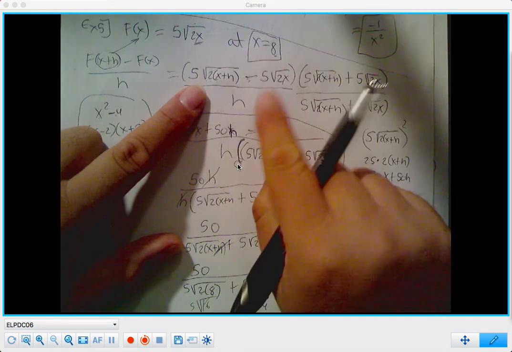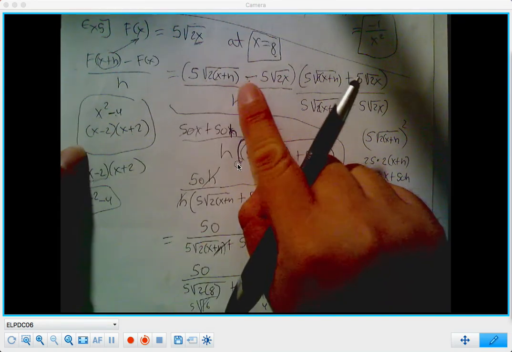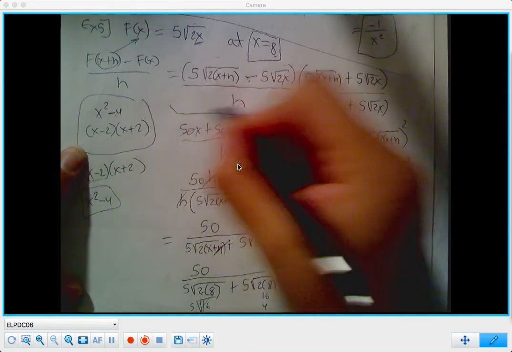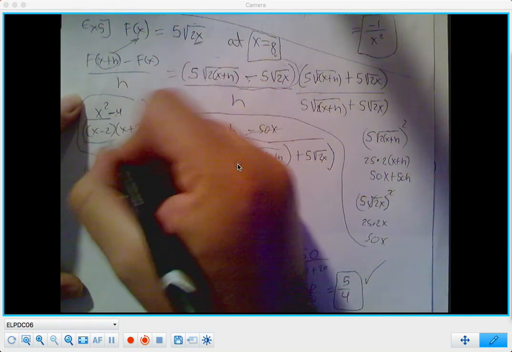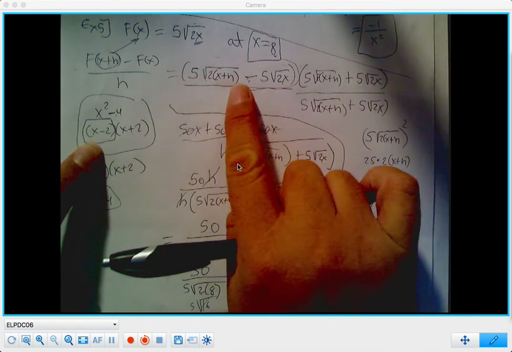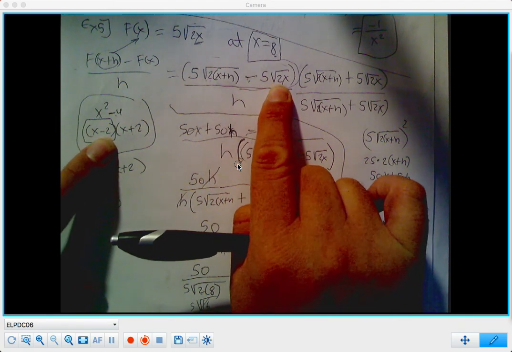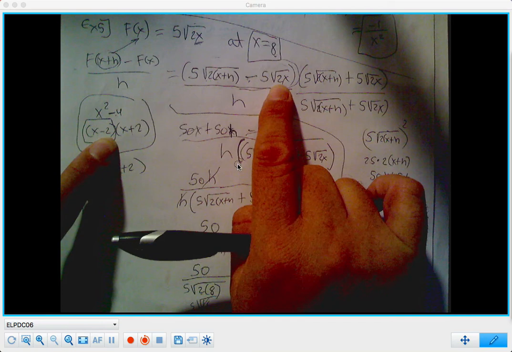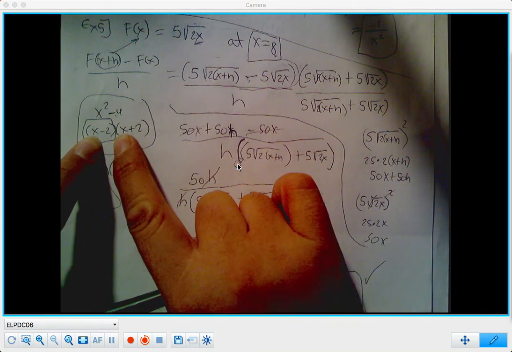So that's how I said, okay, I have two terms with a minus between them. Something minus something else. So what I can do is put the same thing. You see how here you have x and you have a 2.